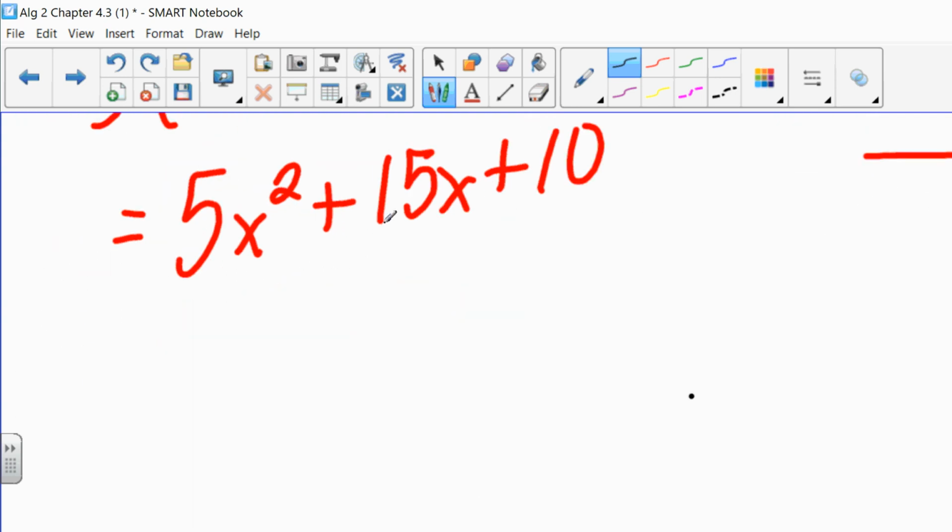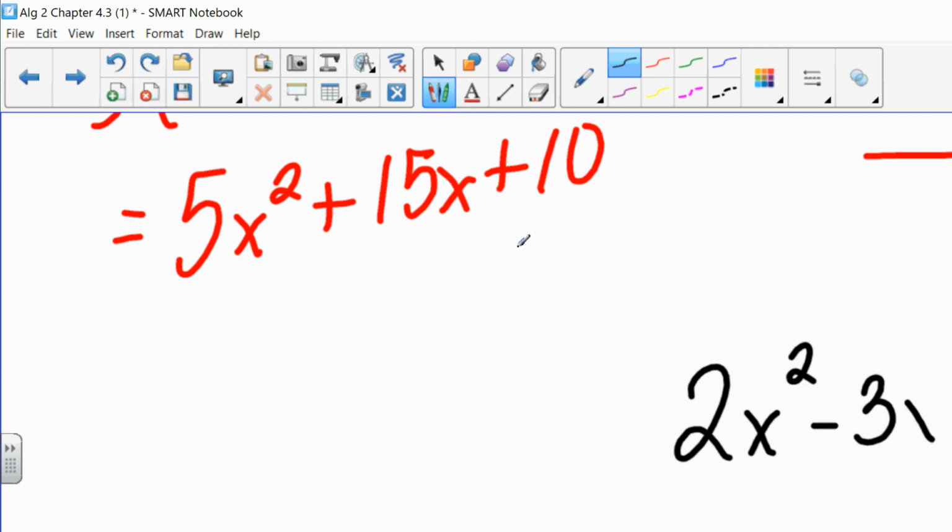So our final answer is 2x squared minus 3x plus 5 plus negative 4x minus 11 over x squared plus 3x plus 2.